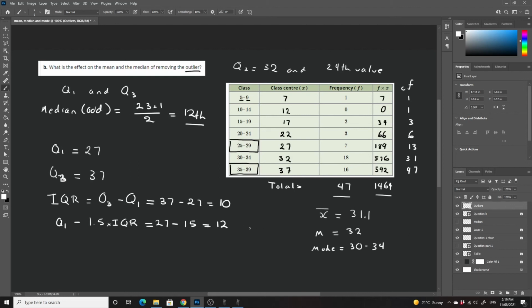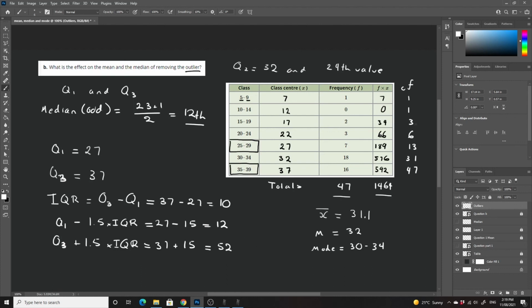So any value less than 12 is going to be an outlier. If we do the other one, Q3 plus 1.5 times IQR, for our upper boundary, it's going to be equal to 37 plus 15, which is equal to 52. So any data value greater than 52 is also an outlier.